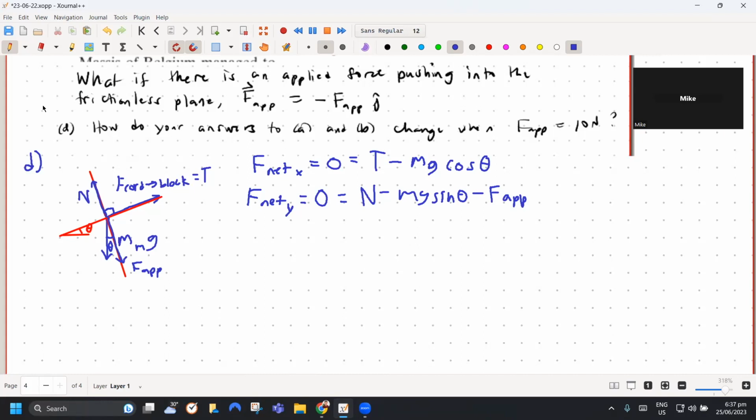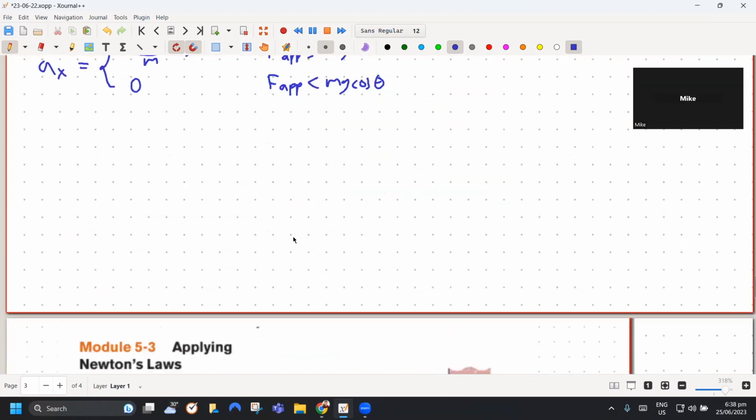So assuming F applied is 10 newtons. Apply this 10 newtons. Okay, so kung F applied is 10 newtons, then 0. Normal force.